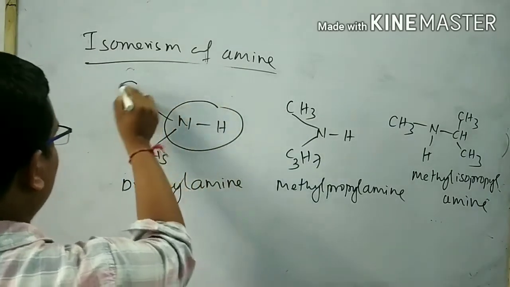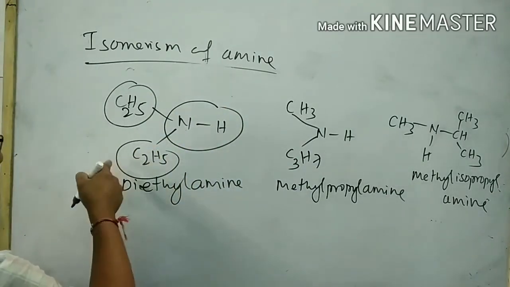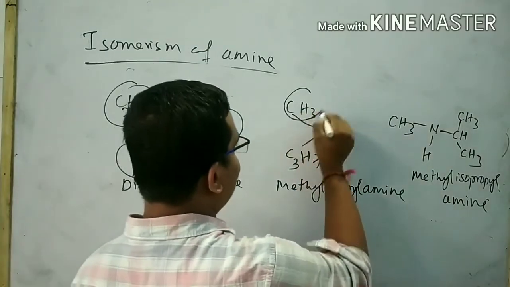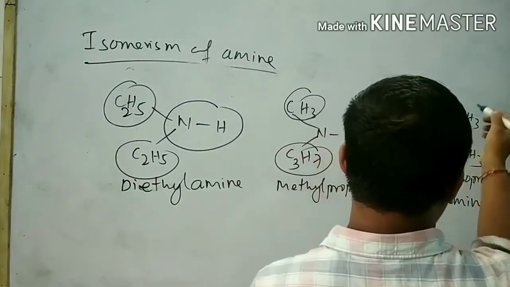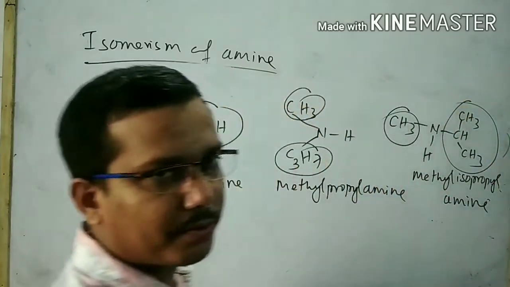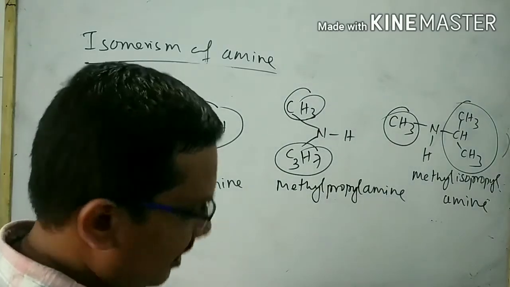Here one is an ethyl group and the other is also an ethyl group. But here one is a methyl group and the other is a propyl group. Here one is a methyl group and the other is an isopropyl group. They differ in their environment around the amine functional group.